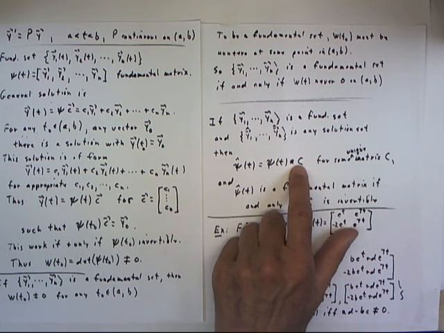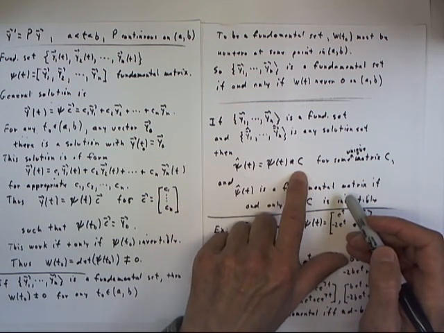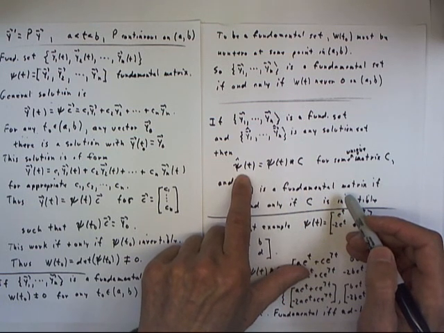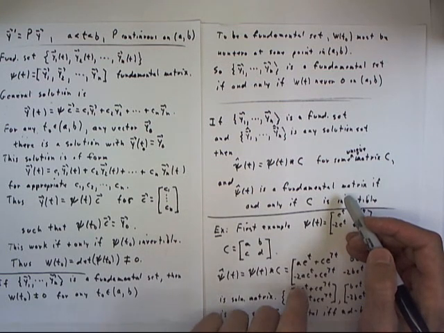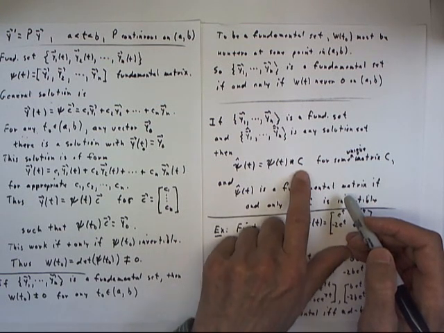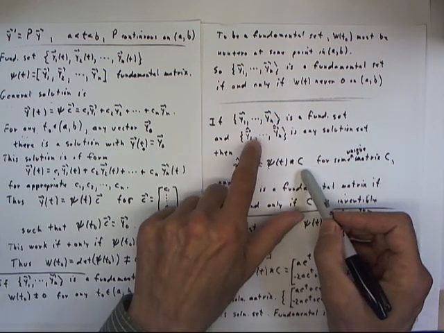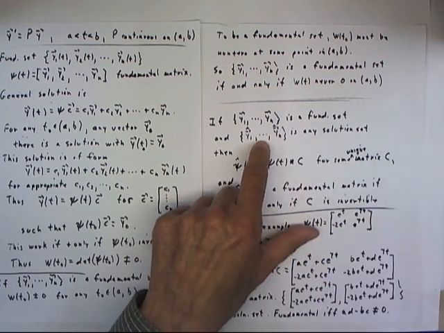This means that if the matrix C that connects the psi matrix and the psi hat matrix in this manner is invertible, then psi hat is a fundamental matrix, and this is a fundamental set. And if C is not invertible, then this isn't a fundamental matrix, and this is not a fundamental set.